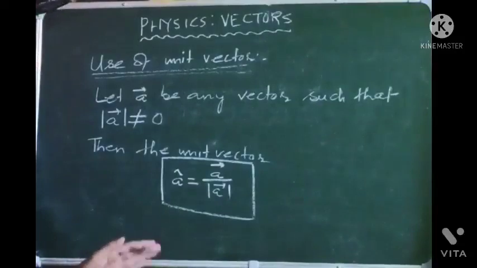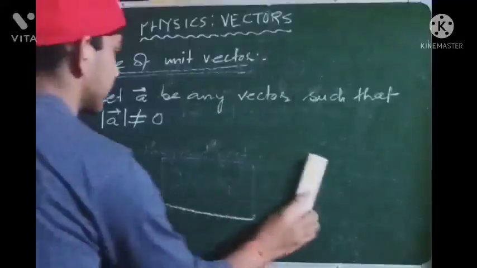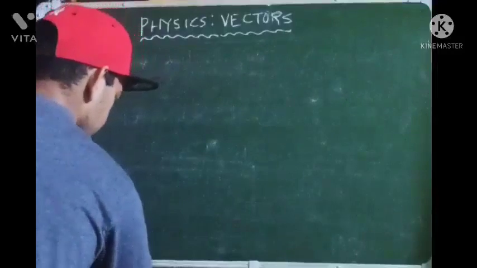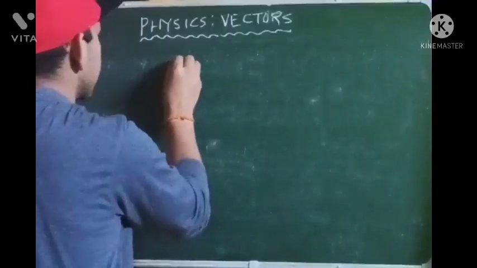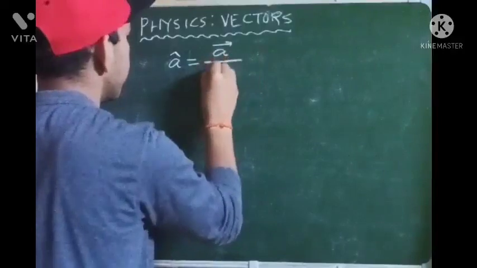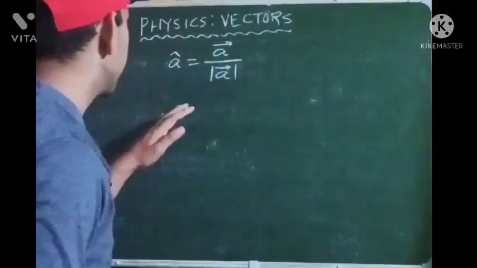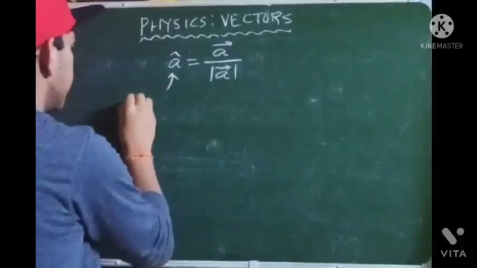We can also prove this result. We have to prove that a cap is equal to a vector divided by magnitude of this vector. Now we know that on the left hand side the magnitude is 1.